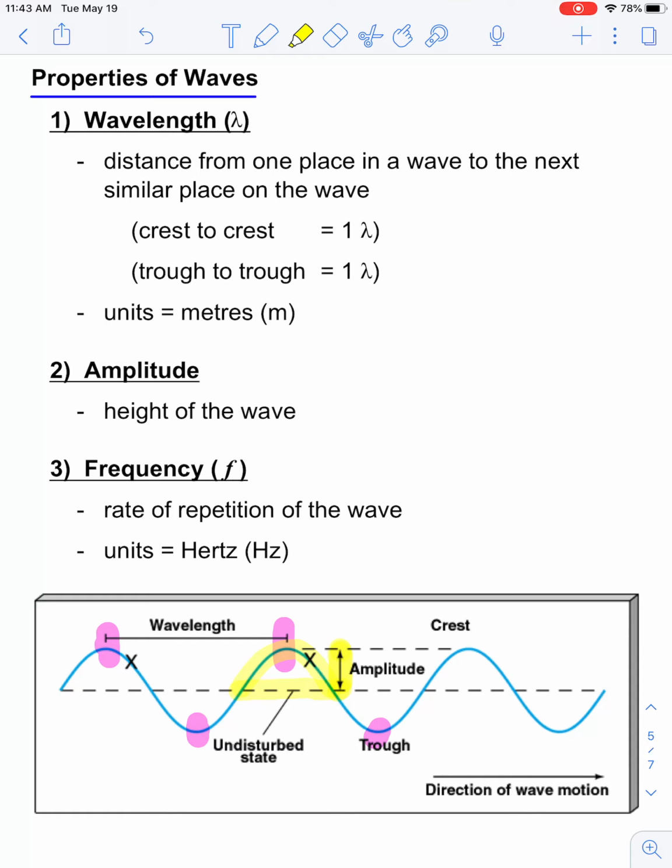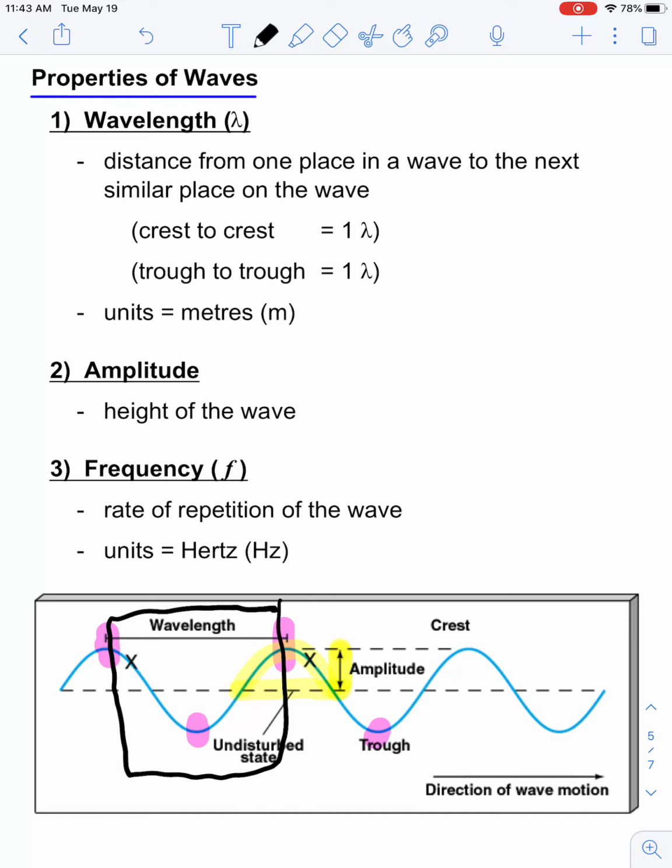Frequency is important, as you'll see when we're looking at the different types of electromagnetic radiation. If I were to measure the frequency, the rate of repetition of the wave, this is repeating at the same frequency.